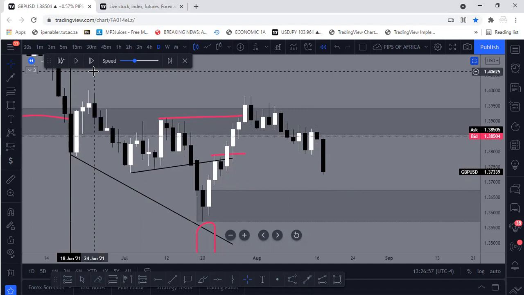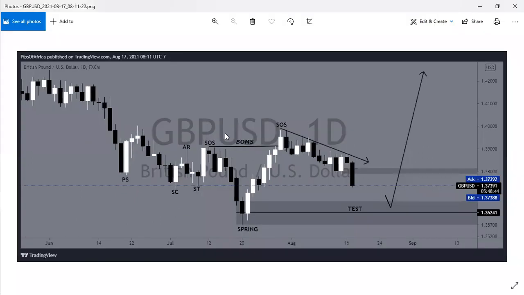So what I did here is this. Let me try to show you that setup. This is the setup. As you can see, I saw this also as the schematic there: the PS, preliminary support, selling climax, automatic rally, secondary test in phase A, sign of strength, break of market structure here, and then the spring here.